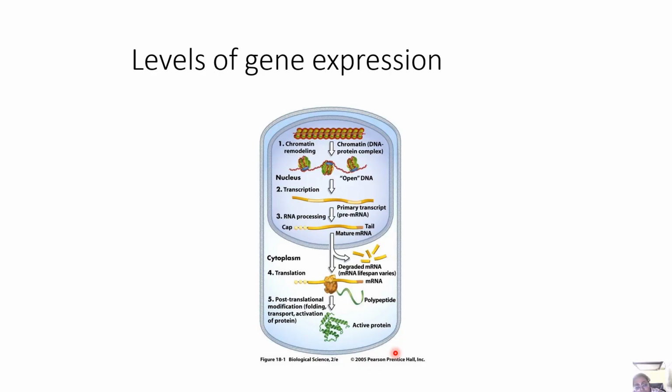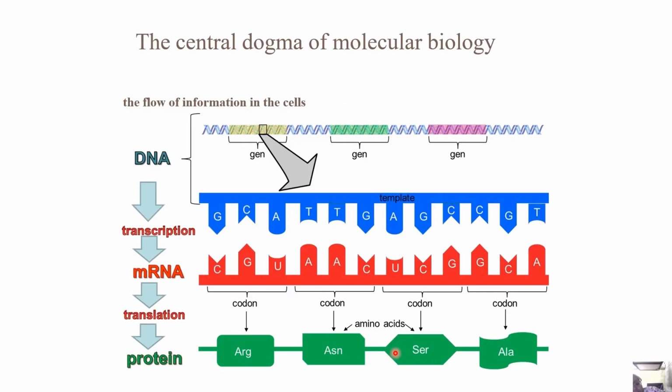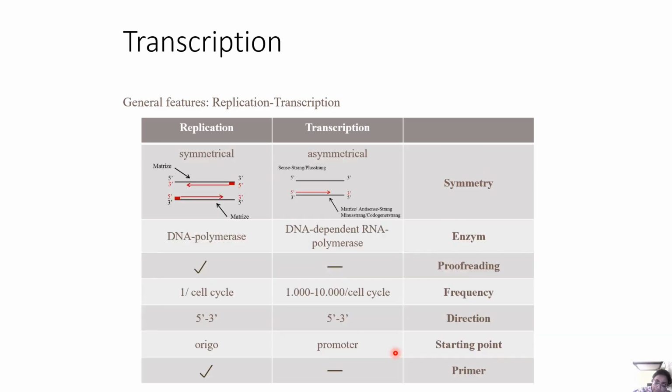That's a mature mRNA which comes out to the cytoplasm, and then mRNA degradation, as mRNA lifespan varies, and then the mRNA is converted to protein by the process of translation by the ribosome, after which post-translational modifications like folding, transport, activation of proteins, all of these happen. So that is the central dogma of molecular biology.